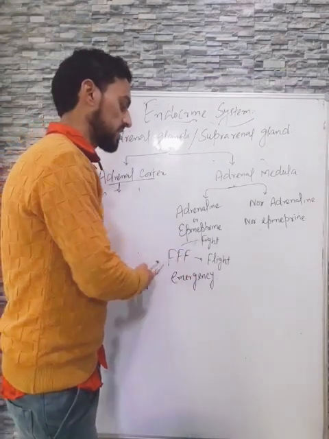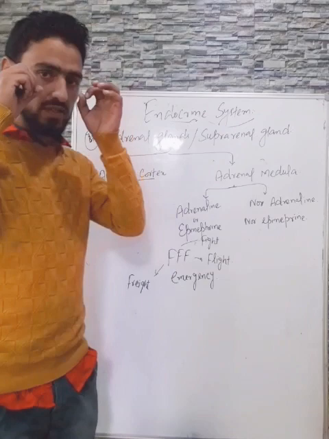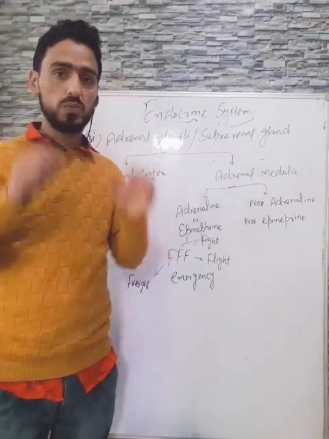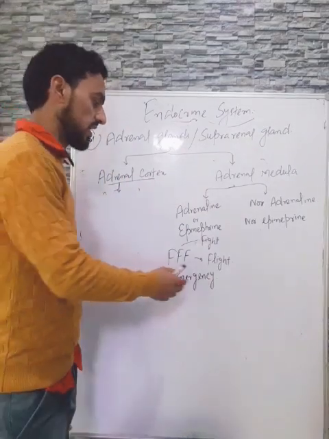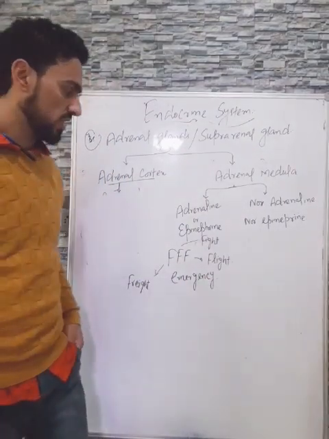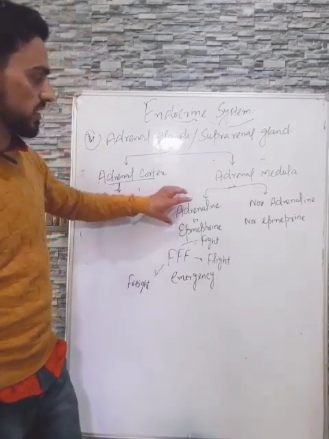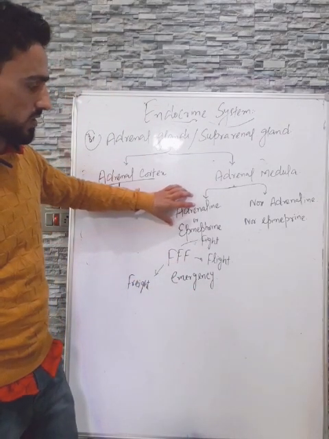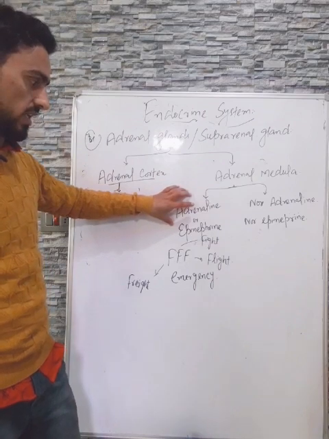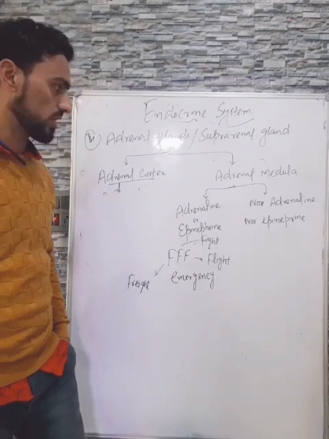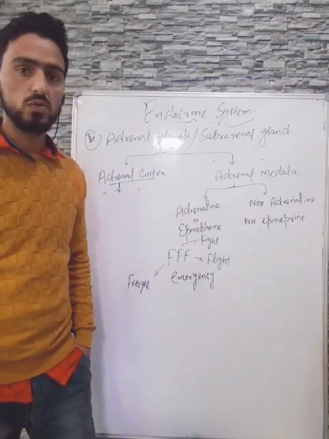And in an emergency there is also dilation of the pupil muscles, and these emergency conditions are brought about by the hormones adrenaline and noradrenaline. And this is all about the hormones of the adrenal medulla.